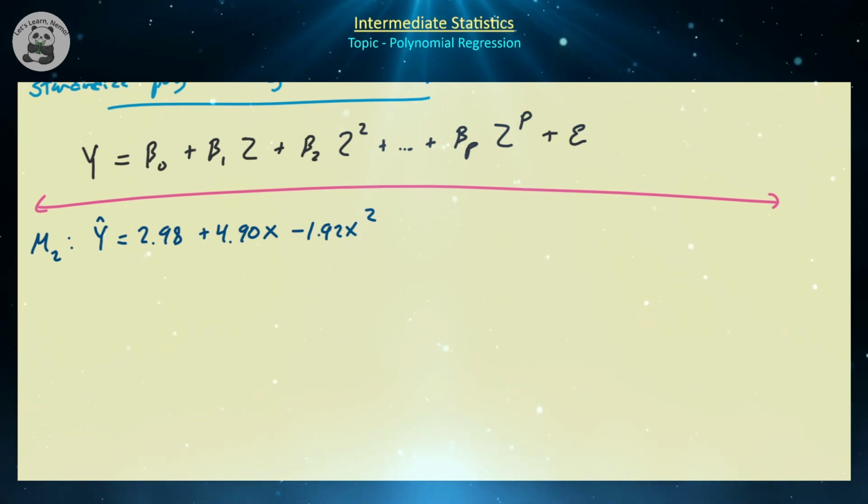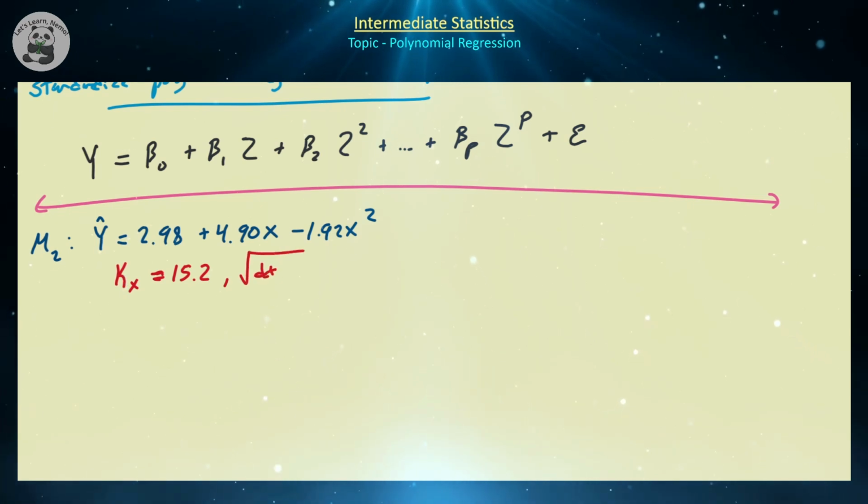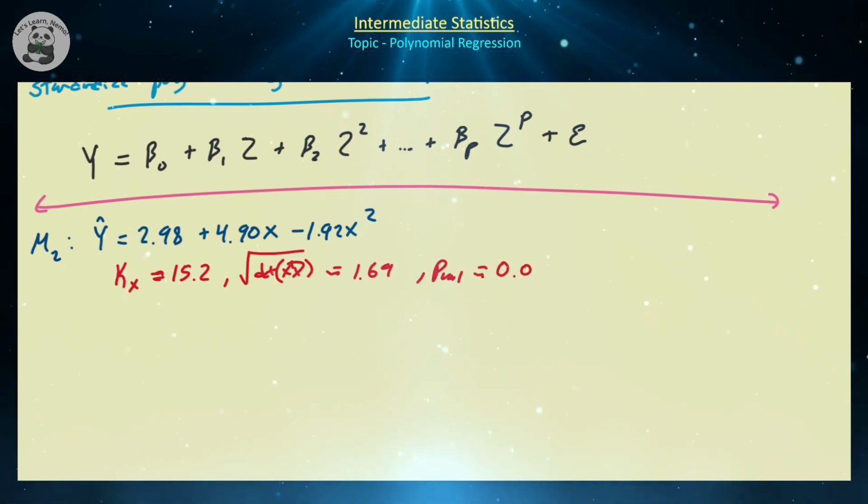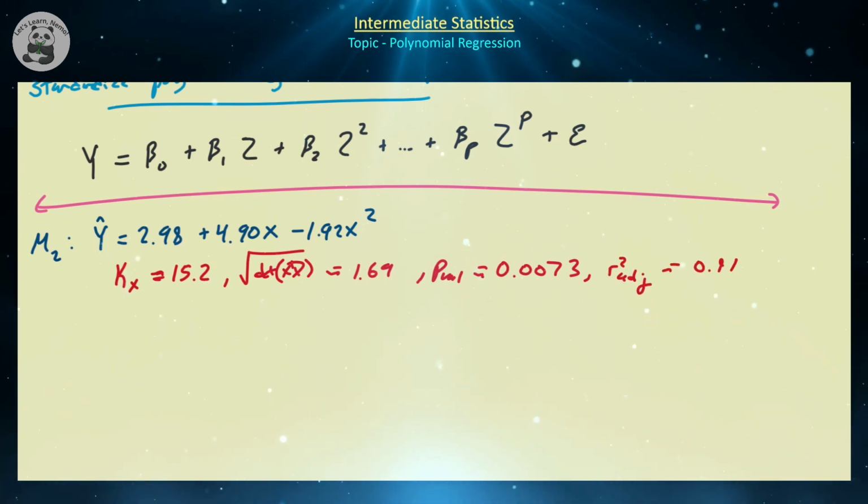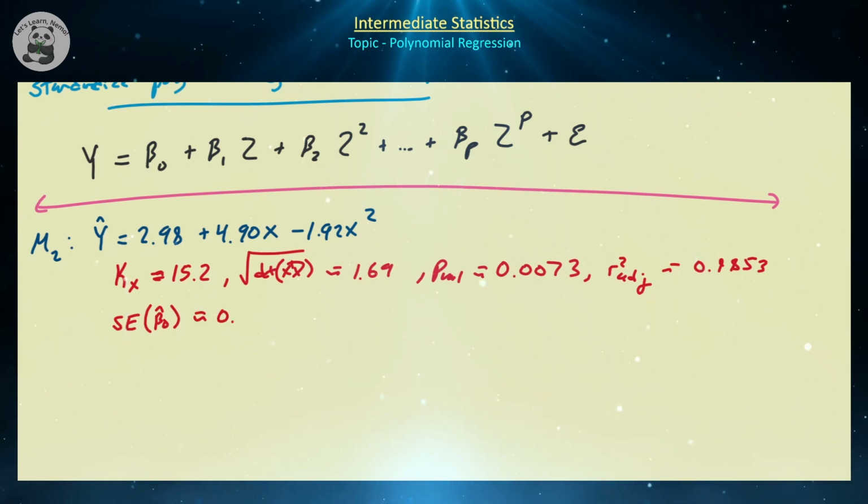One can find that the condition number for that model is approximately 15.2, and the square root of the determinant of X^T X is approximately 1.69. The p-value for that model is approximately 0.0073, and the adjusted r-squared value is approximately 0.9853. Let's also mention the standard error of beta 0, since that's usually the largest one, which is approximately 0.15.